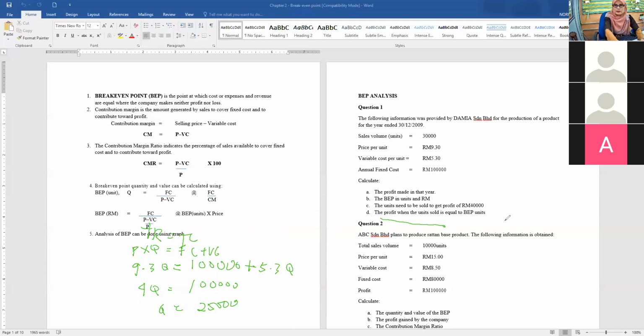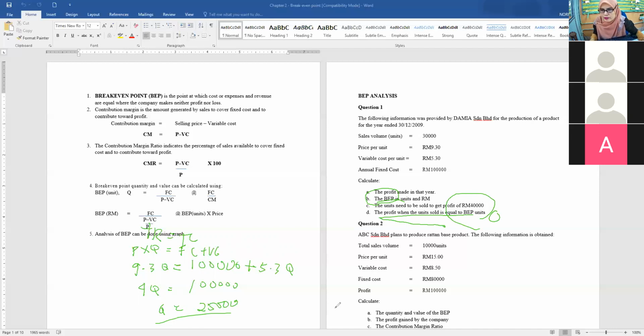Ini tak payah buat, sebab jawapannya akan jadi kosong. Faham tak? Okay, for the profit when the unit sold is equal to break-even point, yang ni kita dah buat break-even point in units dekat sini kan? Kita dapat dah tadi 25,000 kan?